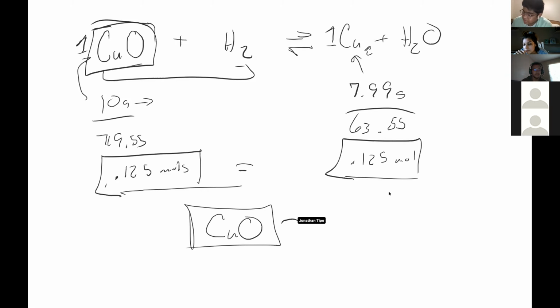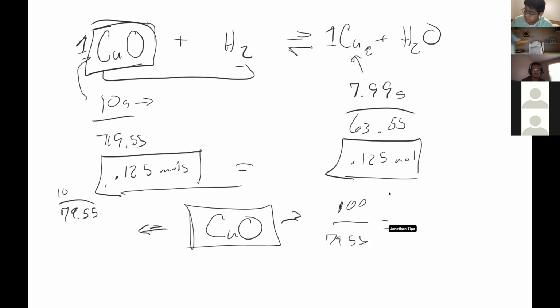Okay, well, if this is our formula, then we can also work backwards. So we can find the molar mass of this formula and say that the molar mass is 79.55. So if 100% of our compound is equal to 79.55, how much does copper contribute?